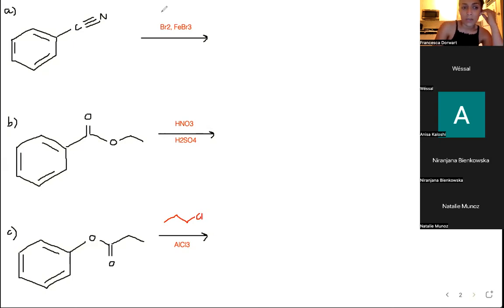So it's easy to know sometimes what it is that's going on. Now I need to confirm where it is going. So I've got my nitrile group. Let's put the bromine on the meta position and observe stability, and let's put it on the para position and observe stability. And we know that the ortho and para position share resonance.